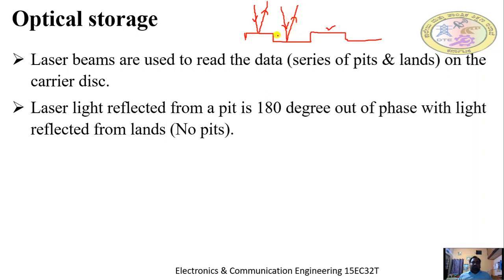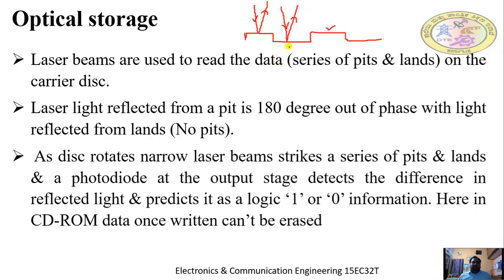The reflected light from the pit region has to cover an extra distance of lambda by 4. That's why I can say between the reflected light from the no pit region and the reflected light from the pit region, there is a phase difference of 180 degrees.